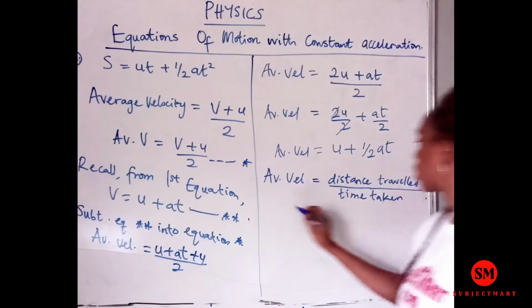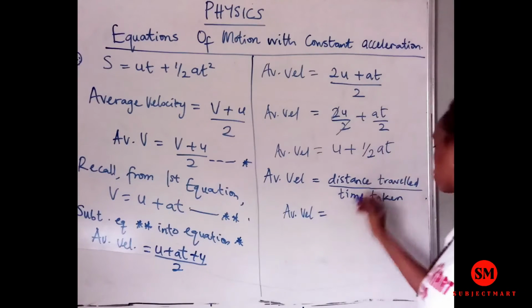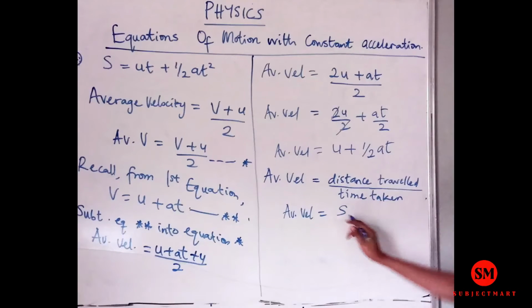So we have average velocity equals distance, represented as s, over t.